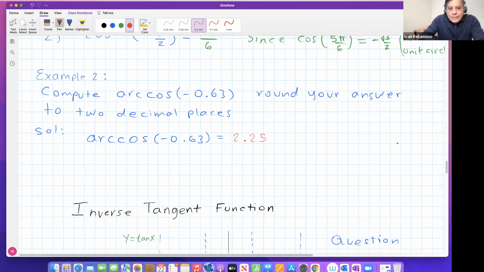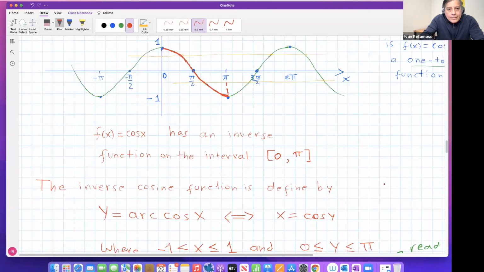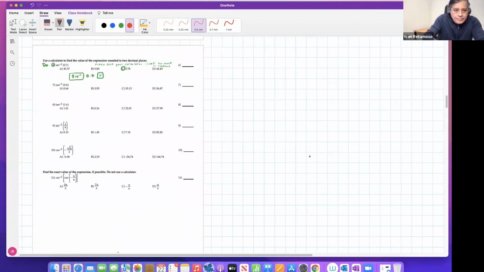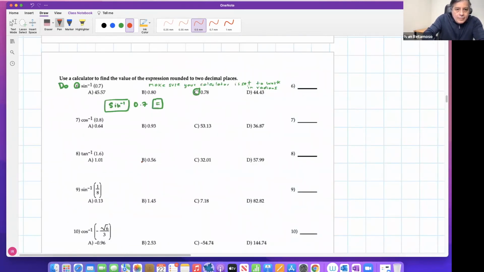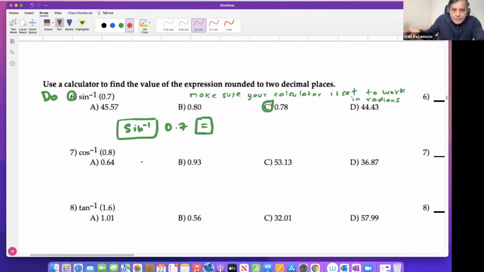Based on this, can you try now on your own this exercise here? Cosine inverse of 0.8. Try to do it using your decimal scientific calculator or any calculator of your choice, okay? Go ahead, guys. Cosine inverse.